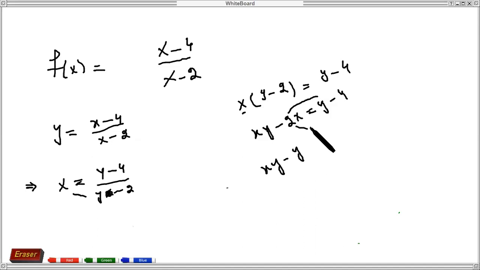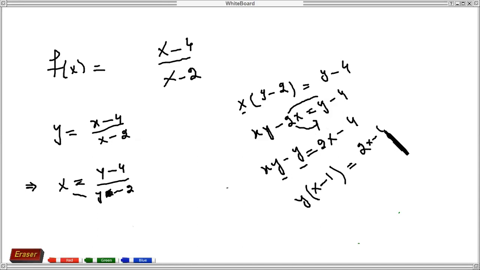And if you transfer minus 2x to the other side, this will be plus 2x minus 4. So what is common here? You can see y is common. Taking y common, we have y times x minus 1 equal to 2x minus 4.